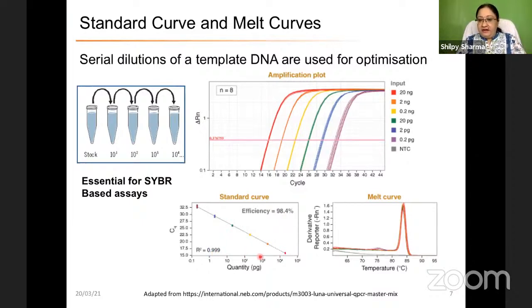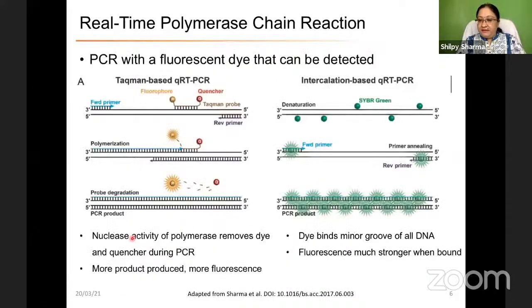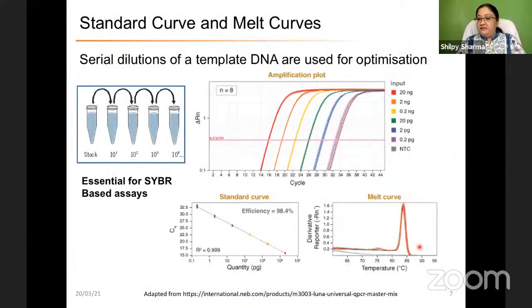Now, after that, you have to do a second thing. If you remember from my slide here, I showed you this gel, right? This is when you run the gel to analyze a traditional PCR. You can do something like this in a real-time PCR. And this is your melt curve analysis. I told you SYBR Green intercalates with your DNA, and the fluorescence is much higher for your double-stranded DNA as compared to your single-stranded DNA.